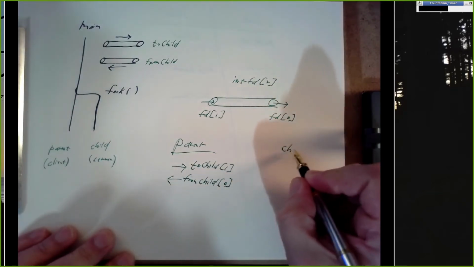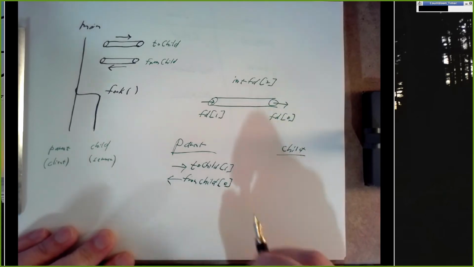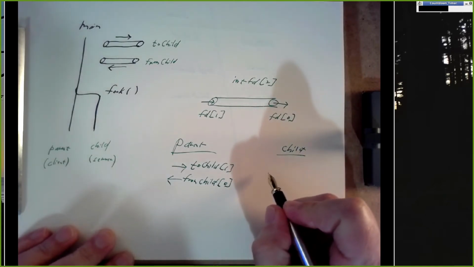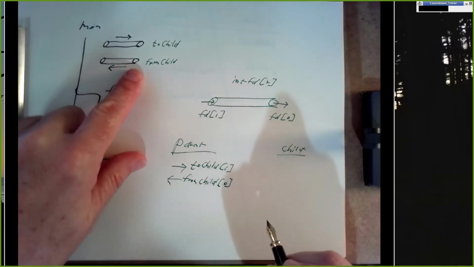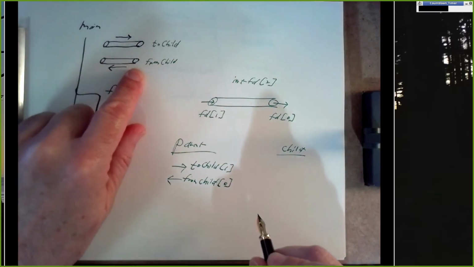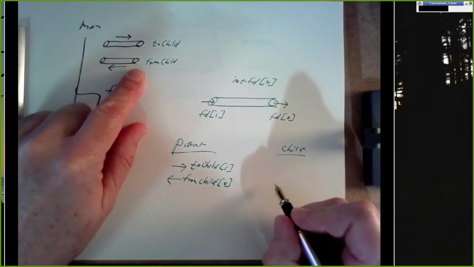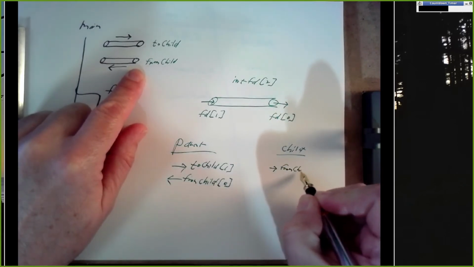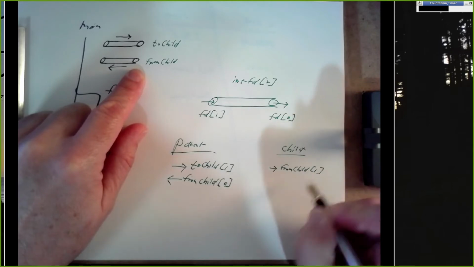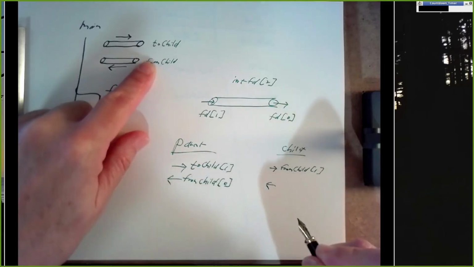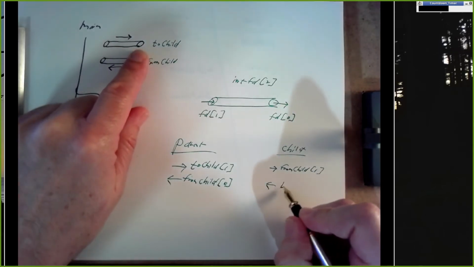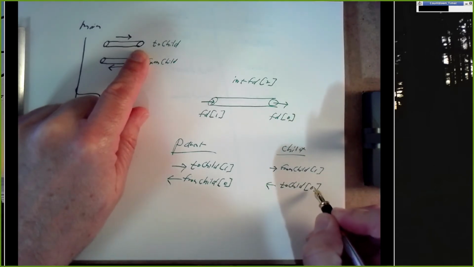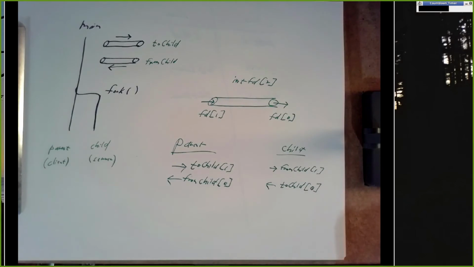Okay, the child process, well, it's got to write into the fromChild, right? And it's writing into element 1, so this is going to write into fromChild bracket 1, and it's going to read from the toChild pipe, and it's going to read from element 0.